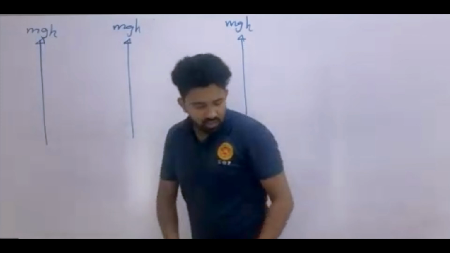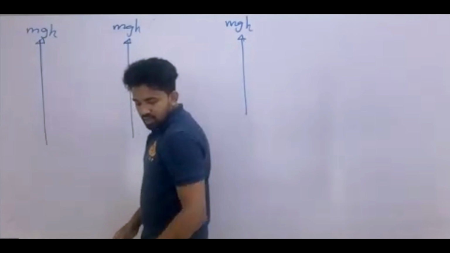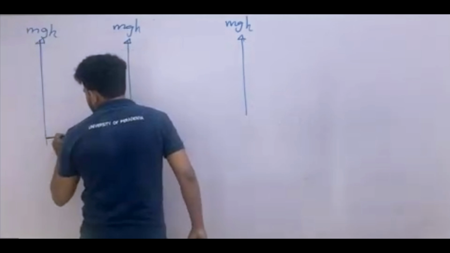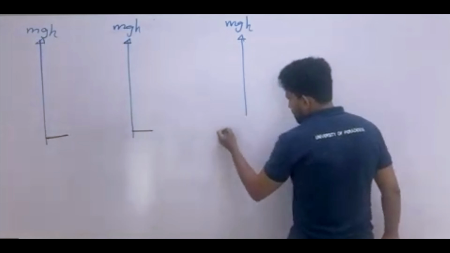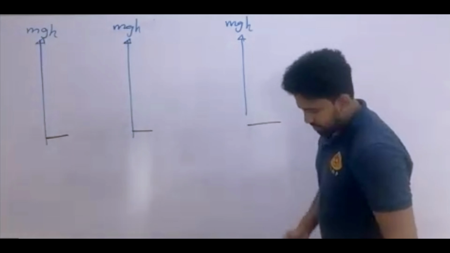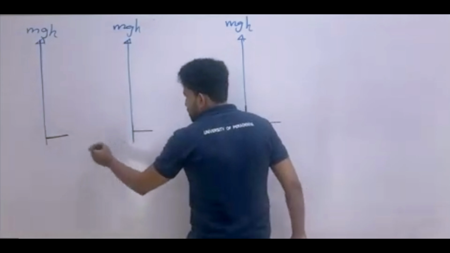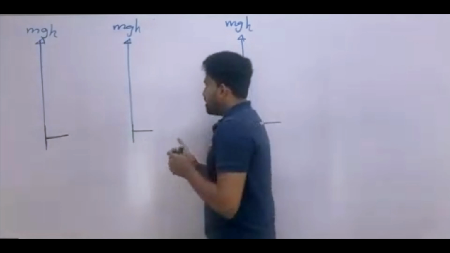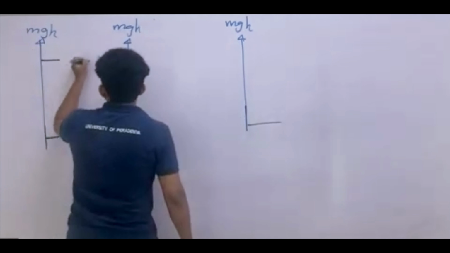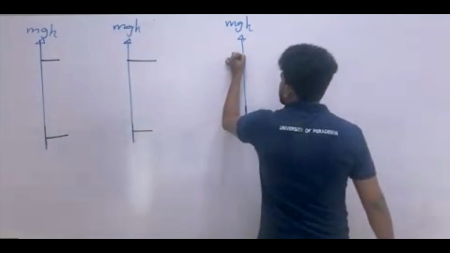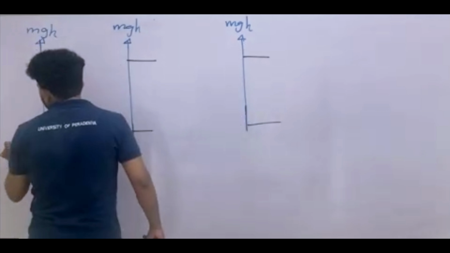Now in the first image, there is a line here, a line here, and another line here, at the same level. Now let's get the MGH here.